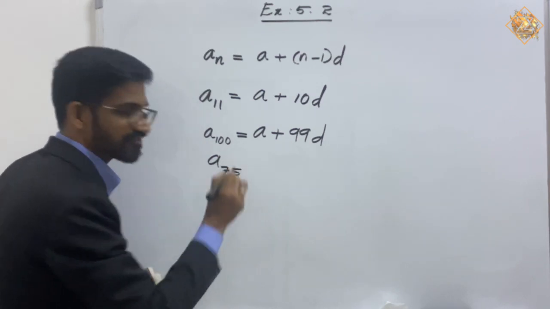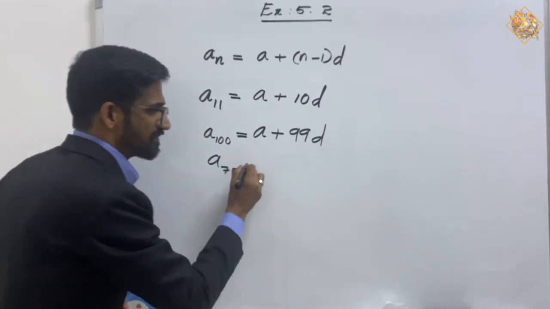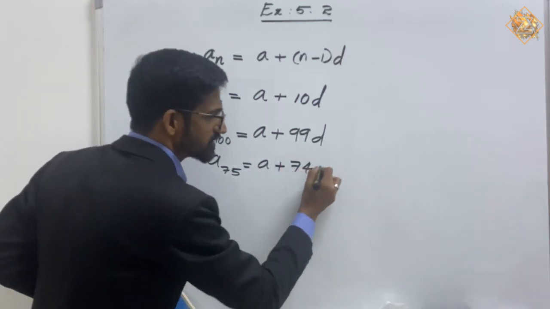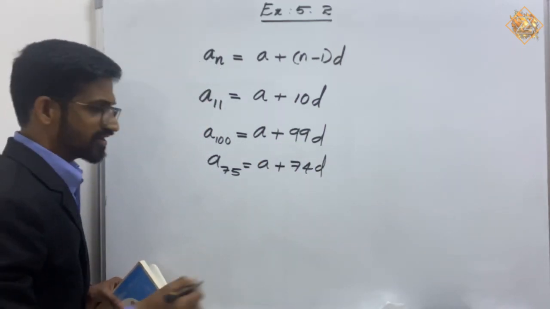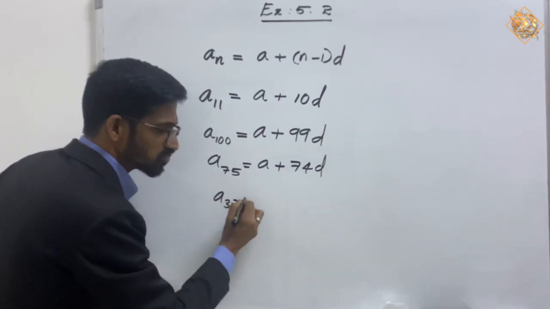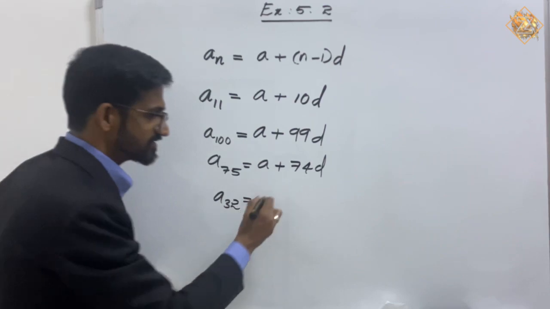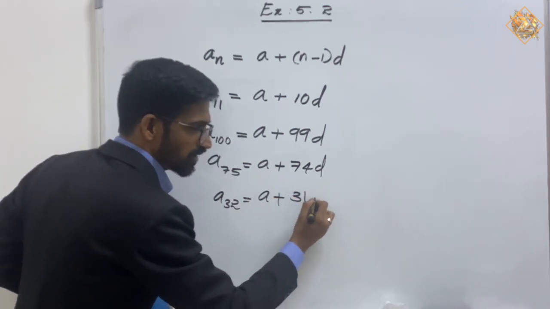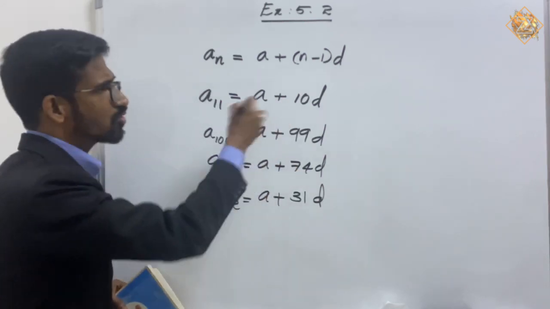A75. How can we expand? A plus 74D. How can we write the 32nd term of the AP? A32 can be expanded as A plus 32 minus 1, that is 31D. I hope now you got it.